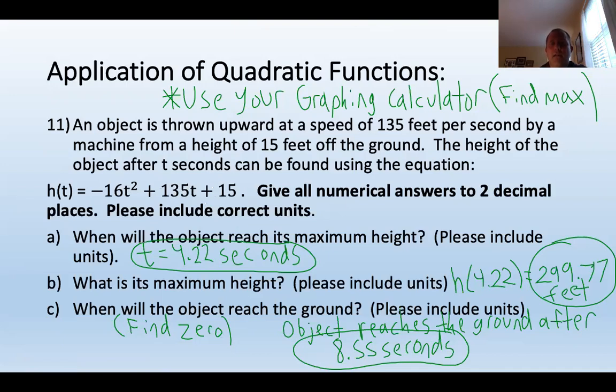And so you'd highlight zero and hit enter, and you just find where the graph is crossing the x-axis and set a left bound and a right bound and guess on that. So have your cursor to the left, hit enter, have your cursor to the right, hit enter, and then hit enter one more time to guess, and you'd have the time the object reaches the ground. And what you should get is 8.55 seconds, rounded to 2 decimal places.